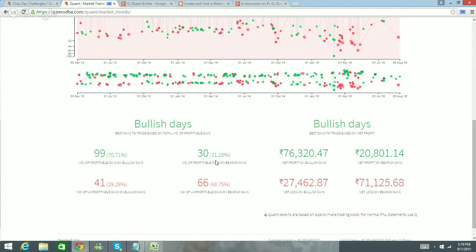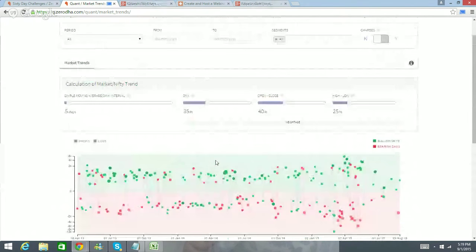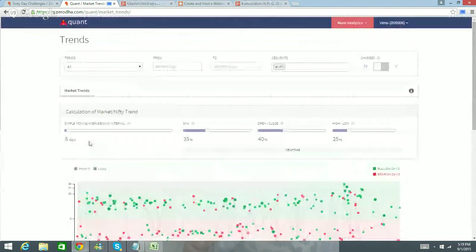So how are bullishness and bearishness shown? We have given four options here by which a person can define what is bullishness or bearishness for him. He can look at the simple moving average. This simple moving average is of Nifty, so we have taken the market's simple moving average.